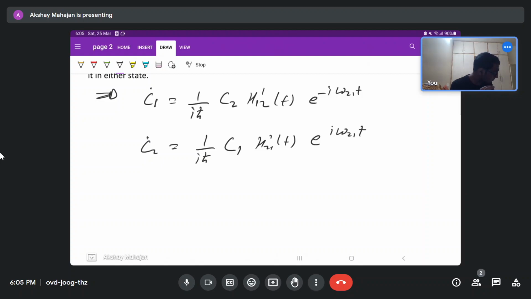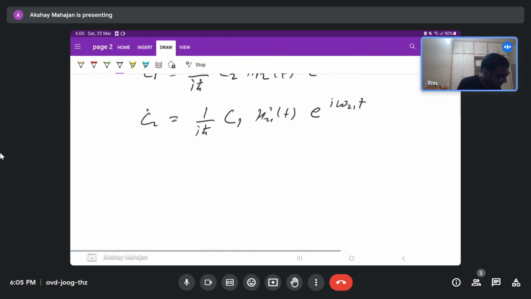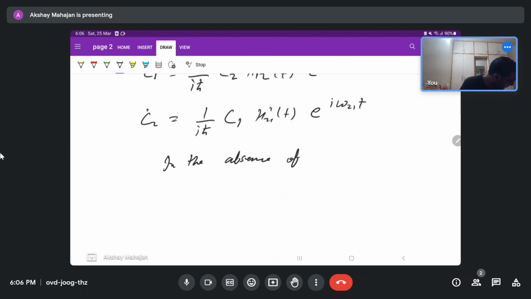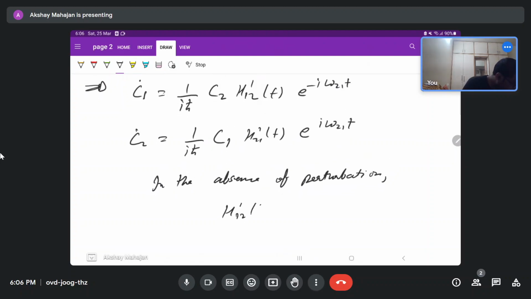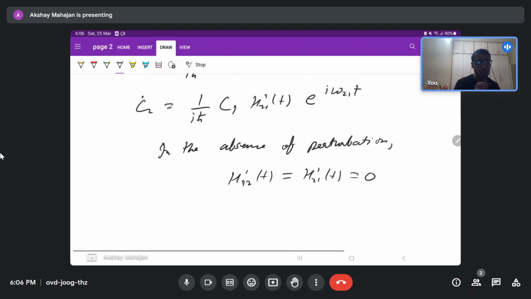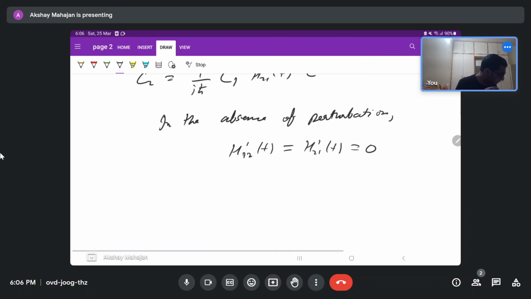Now in the absence of perturbation, the matrix elements H12 prime of t and H21 prime of t will be 0, because there is no perturbation.